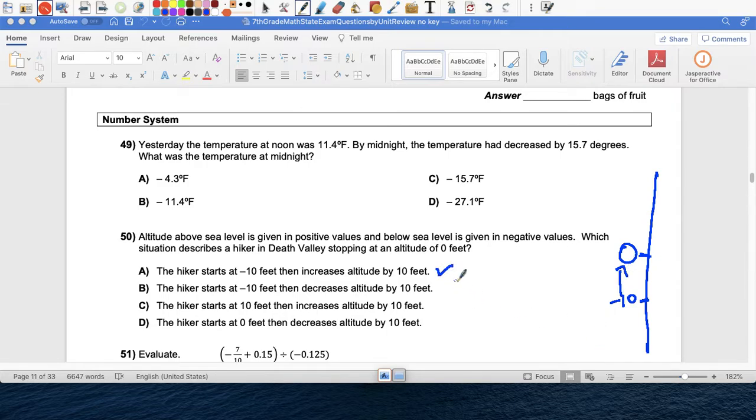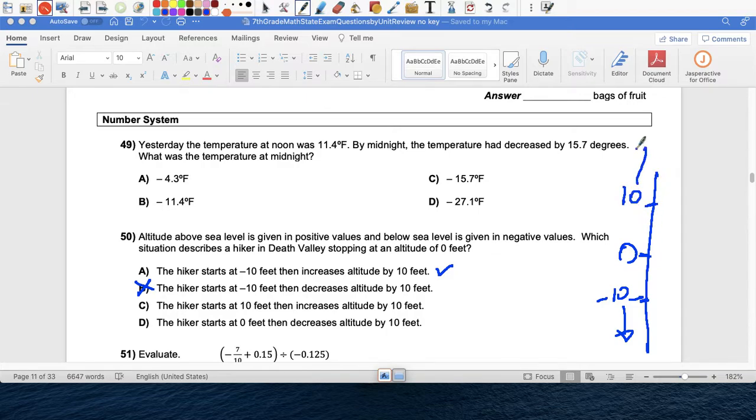So A looks okay. B, the hiker starts at negative 10 and then decreases the altitude by 10. Well, if he's at negative 10 and decreases, that means he goes that way. There's no way he goes to 0, so B is out. C, the hiker starts at positive 10, so in this case he's here, then increases by 10.